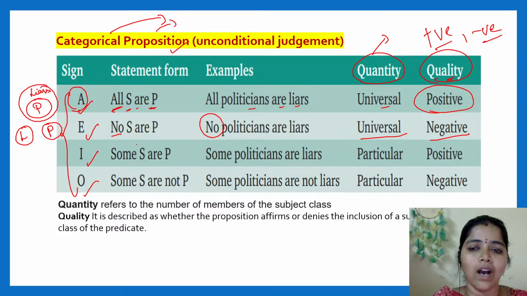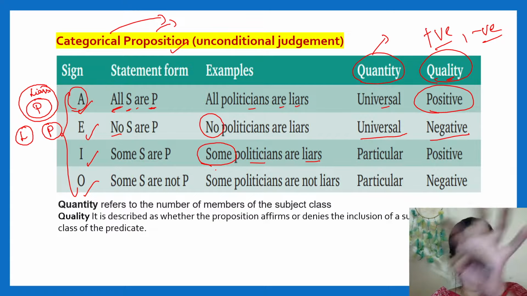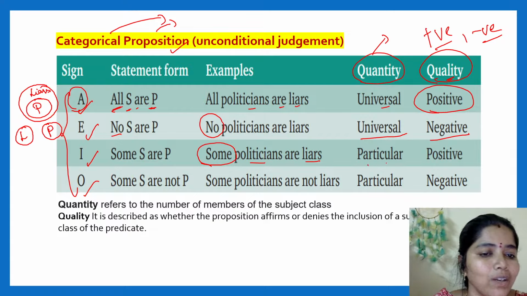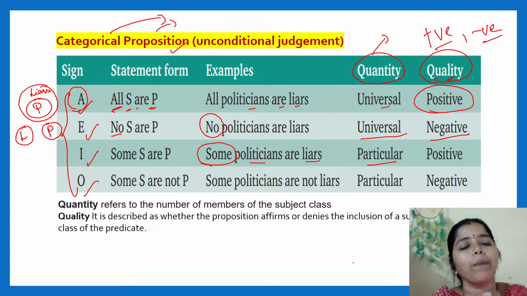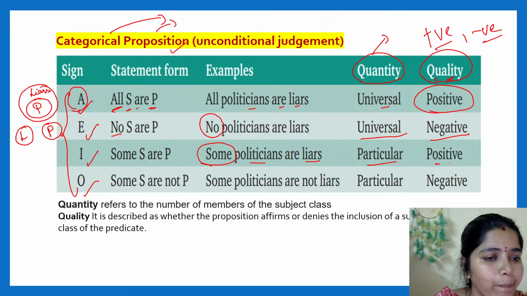Next I move to I type sentence. What is I type sentence? Some politicians are liars. Here comes the term some. When I use some, I use the quantity particular. We are talking about very few people. And why do we say positive?